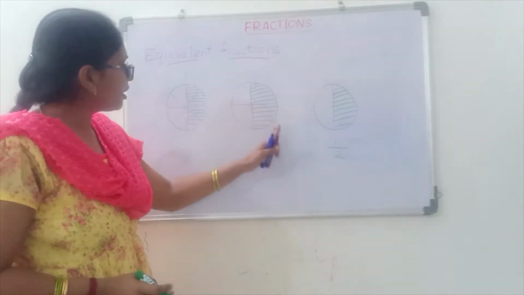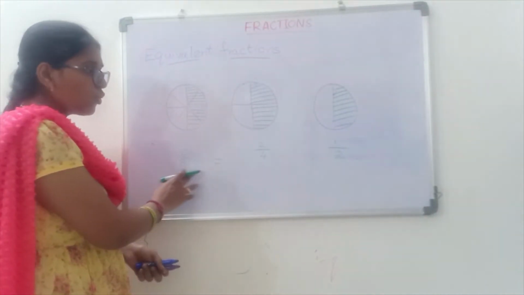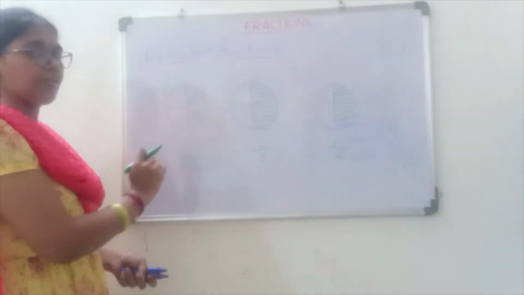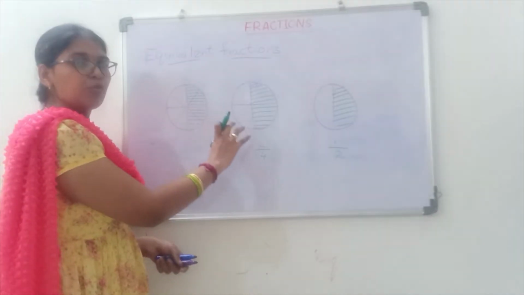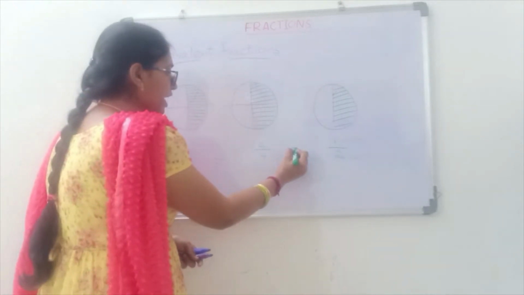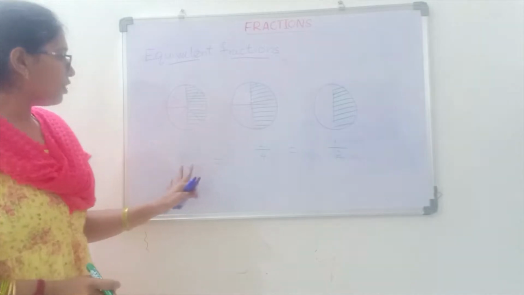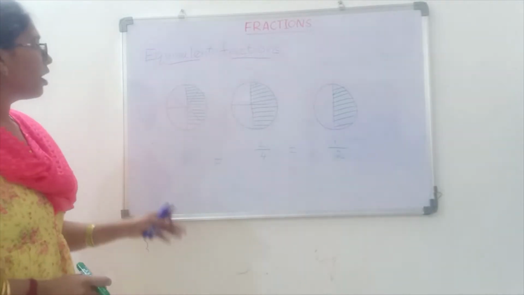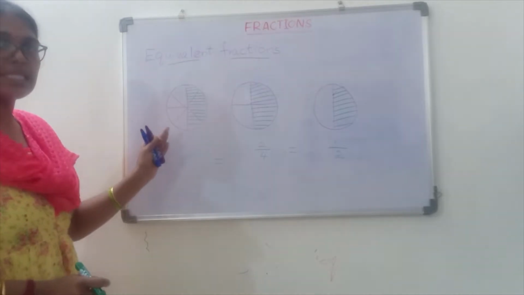Here half portion, here half portion, here half portion. So the numerical values we see are different, but all these fractions represent the same portion. So all these fractions are equal. These fractions which are equal in value are called as equivalent fractions. Equivalent fractions means they represent the same portion.